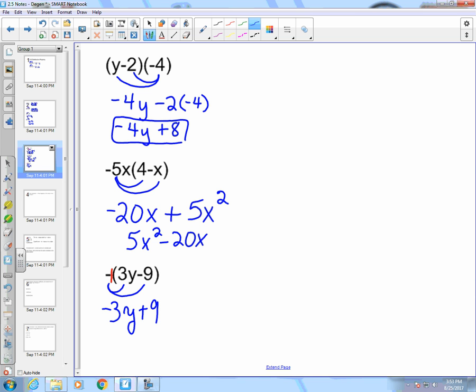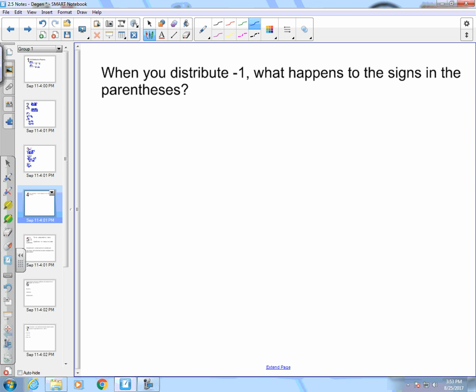Notice that the signs flip on that problem when we distribute the negative. When you distribute a negative 1, what happens to the signs in the parentheses? All of the signs flip. Okay, they become the opposite sign.